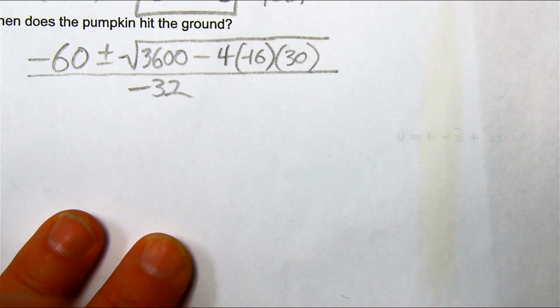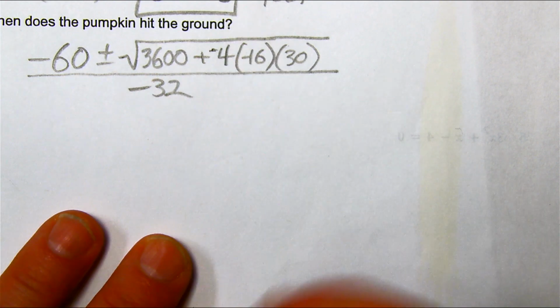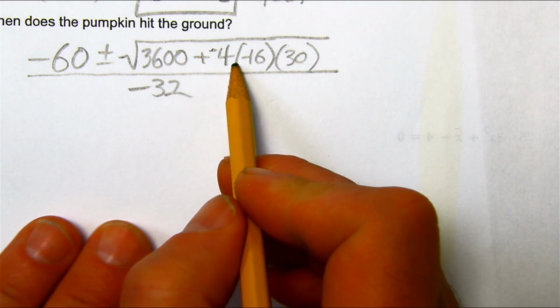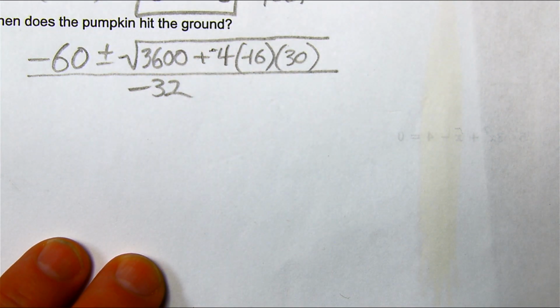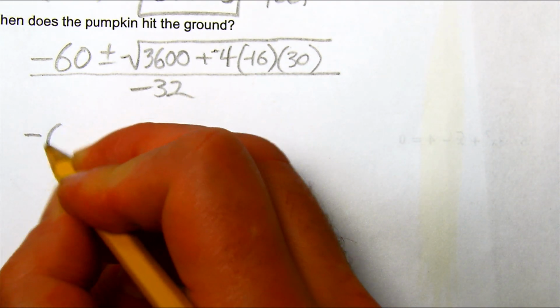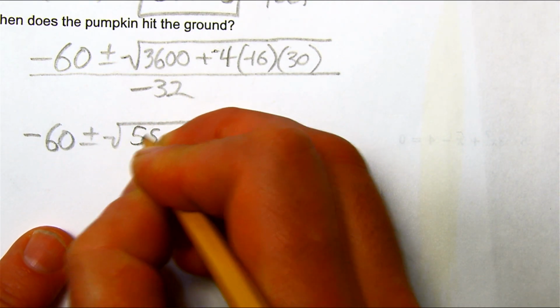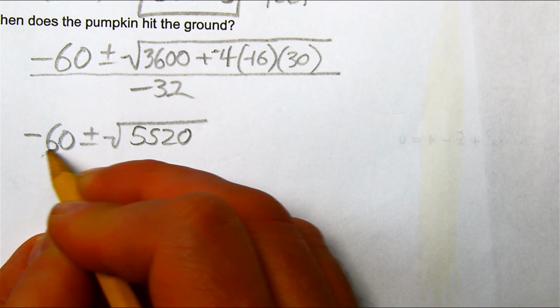What a mess. So I'm going to start with negative 4 times negative 16 times 30. I'm going to add that to 3,600. And I get negative 60 plus or minus the square root of n. Now, could you try to simplify this?